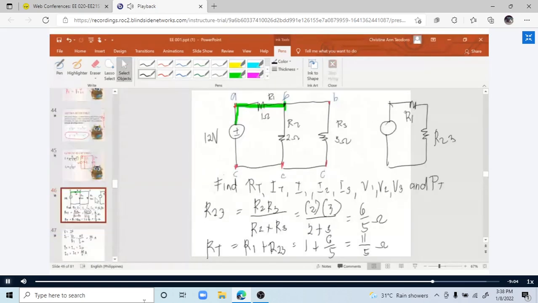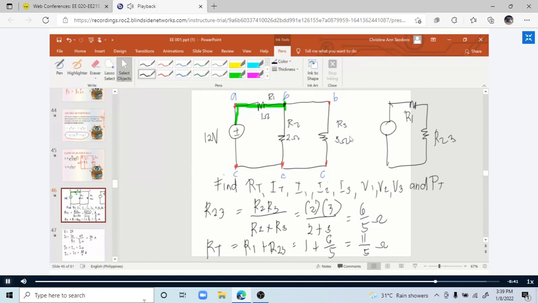As you can see in here, R1 will get 60 over 11 volts first. The other part, which is the 72 over 11, will be for R2 and R3 since they are connected in parallel.